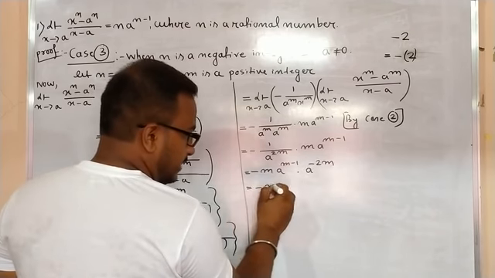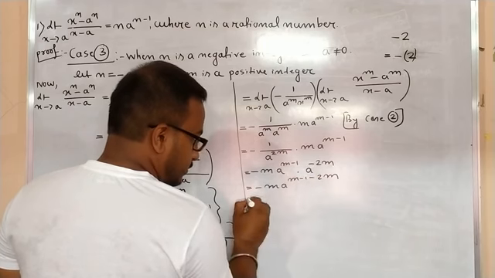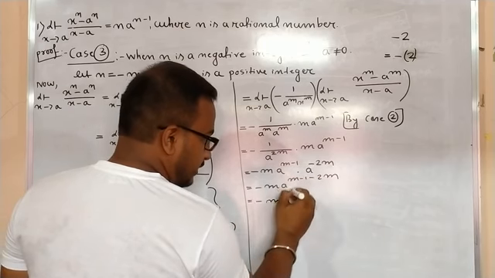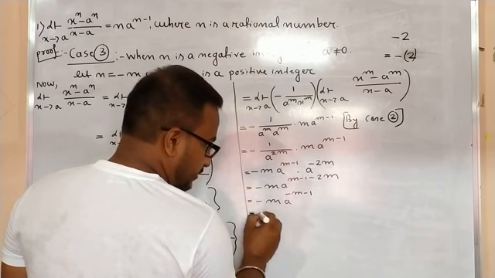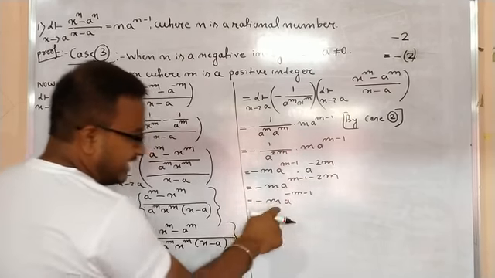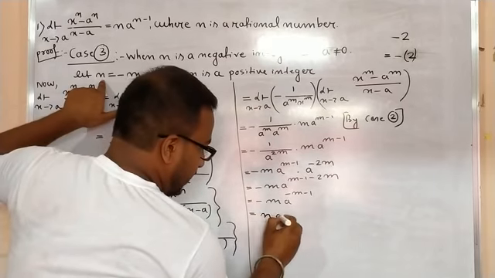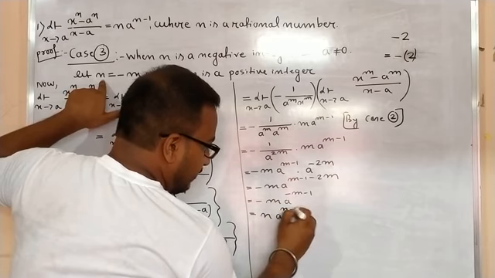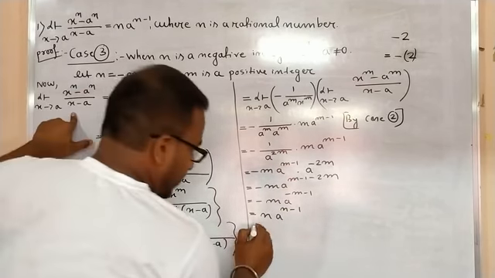Now this is minus m a to the power m minus 1 minus 2m, so it is minus m a to the power minus m minus 1, right? Now minus m is your n, right? So it is n a to the power, again minus m is n, so n minus 1. Now I have proved it, you see, I have proved this equals to this.